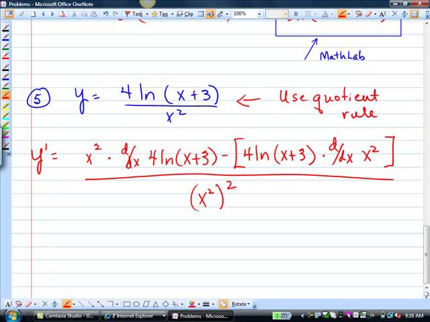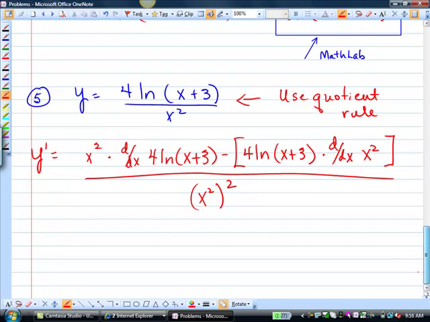All right, so now we have to take the derivative in two places, so that would be our next step. So that's x squared times, what is the derivative of this thing? Well, what's the derivative of ln of anything? 1 over that, and then you're multiplying by 4.